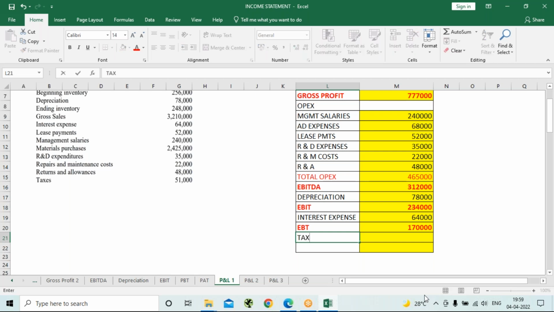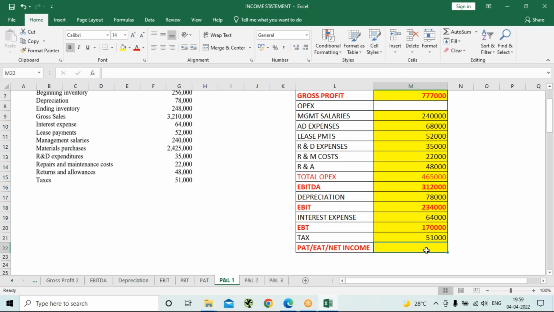The tax value is 51,000 and the final value is going to be the PAT or EAT or net income, which equals 1,70,000 minus 51,000, which gives you the value of 1,90,000. So this is considered as the PAT value.